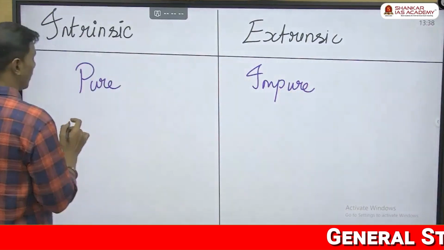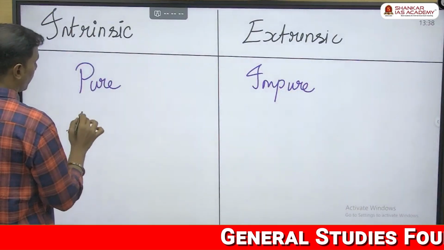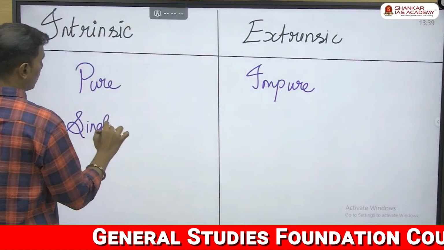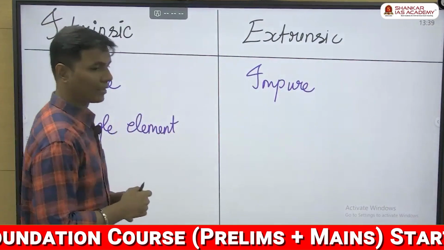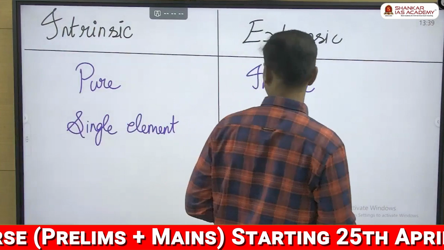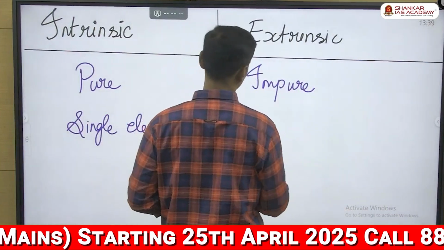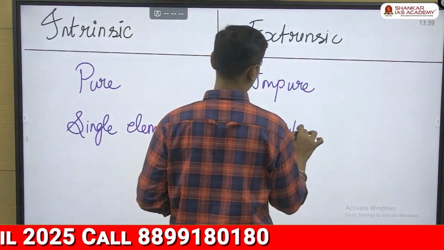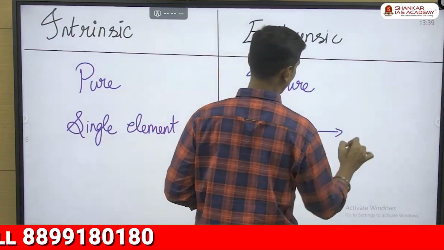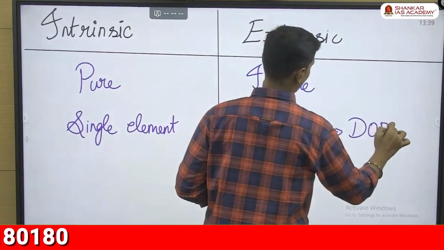Intrinsic semiconductors are made of a single element, but extrinsic semiconductors contain impurities. The process of adding impurities is called doping.